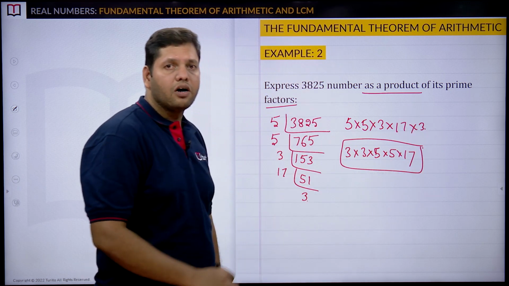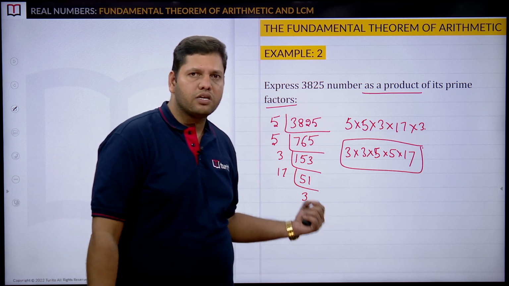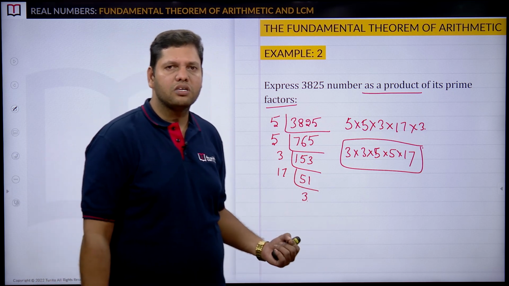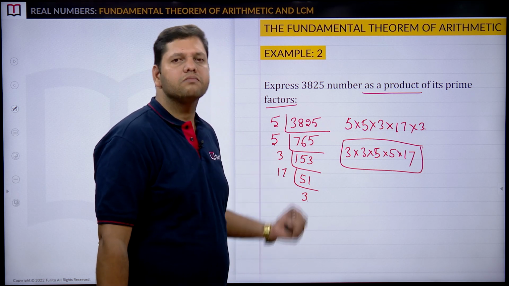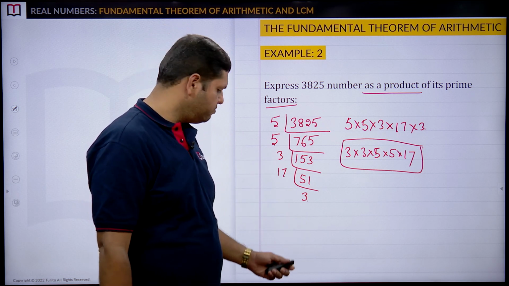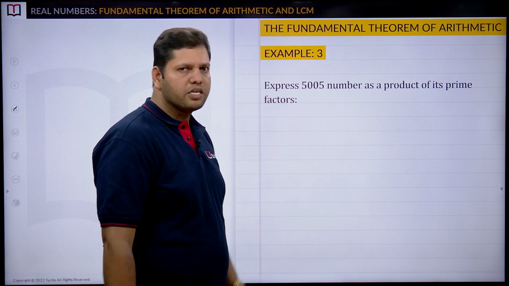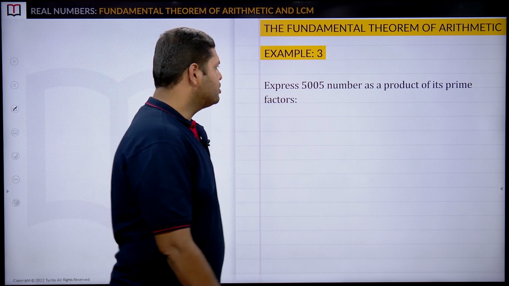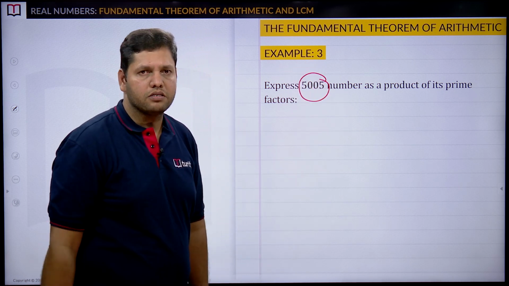So this is the ascending order of all the prime factors. See children, any doubts regarding this? It's very simple, children. We can write any composite number by using its prime factorization. Children, you can take this question as homework. Okay, express 5005 as a product of its prime factors.